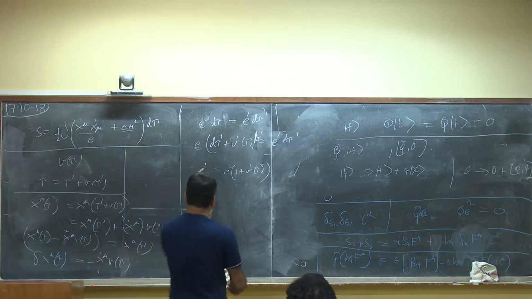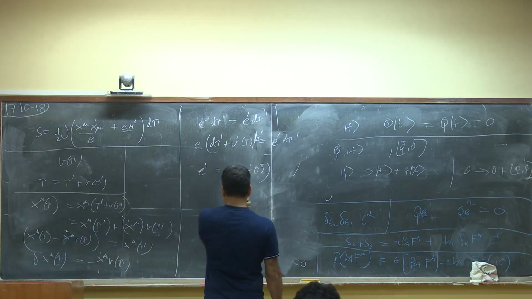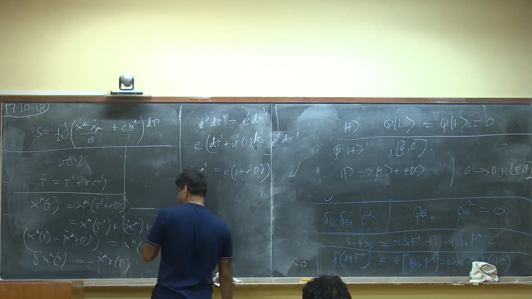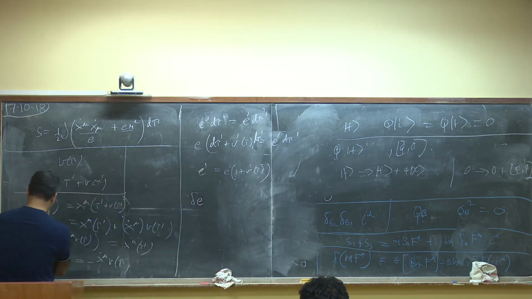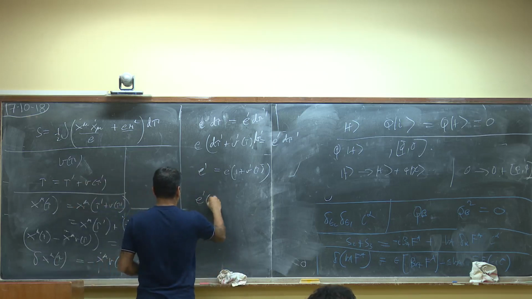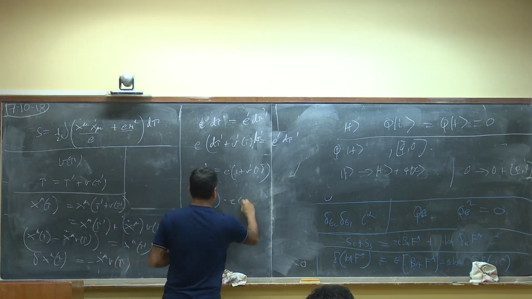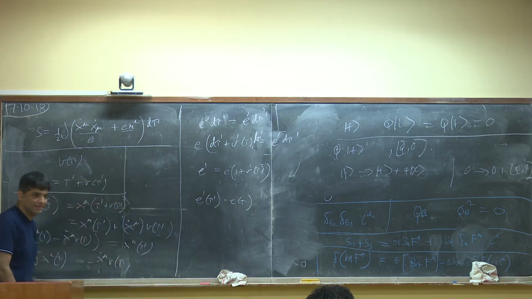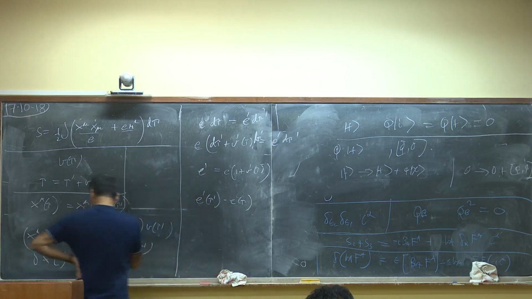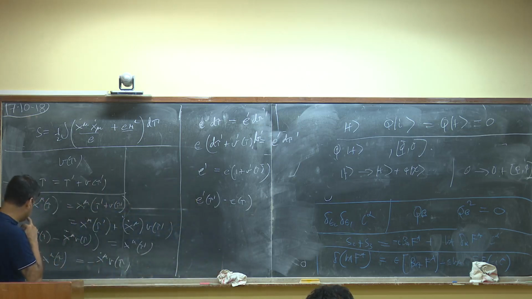Okay. And so we conclude that delta E, so that we conclude that E prime of tau prime minus E of tau, the change in E. Now we should be a bit careful.